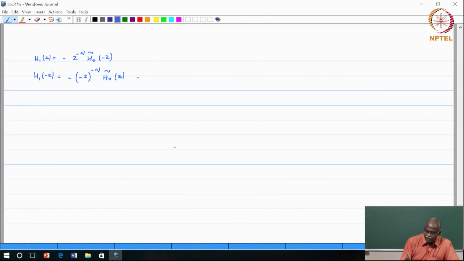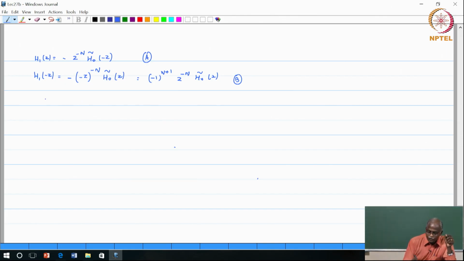So this can be written as minus 1 raised to the power n plus 1, z power minus n, H naught tilde of z. We can consider this as equation A. So if the choice that we have made is that H1 is not H naught of minus z but its paraconjugate, then let me call this B.